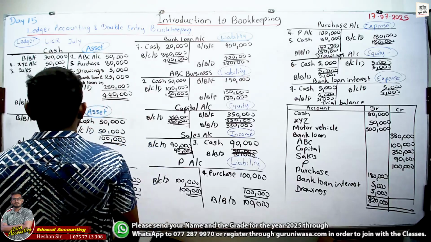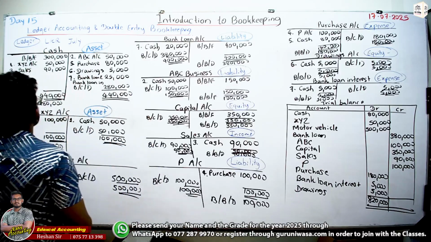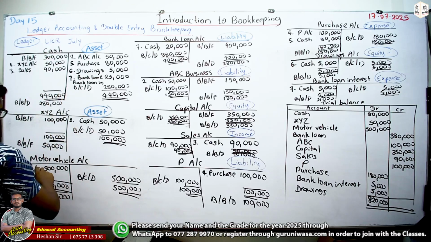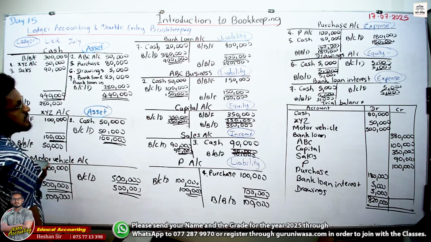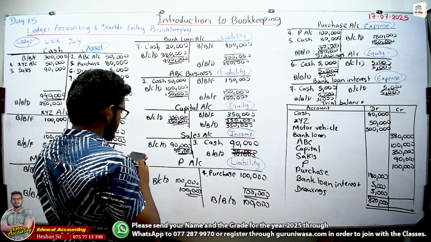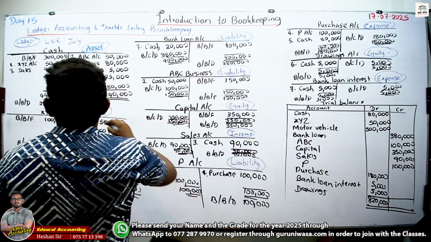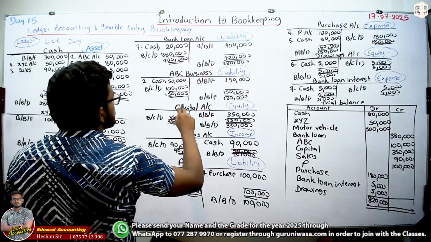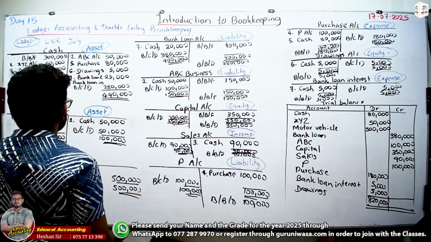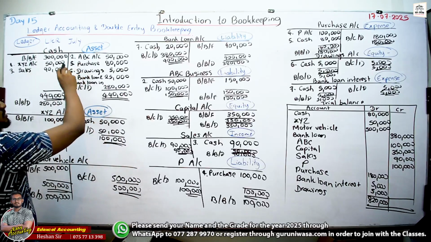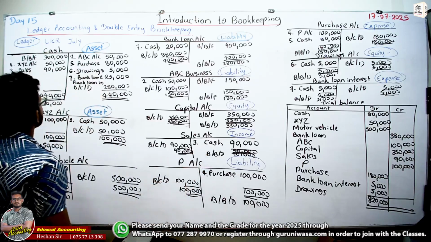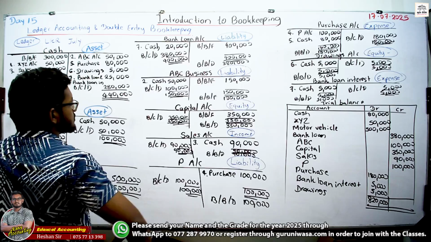Let's see where it is. Can you just find the reason? Number one, XYZ account credit cash.